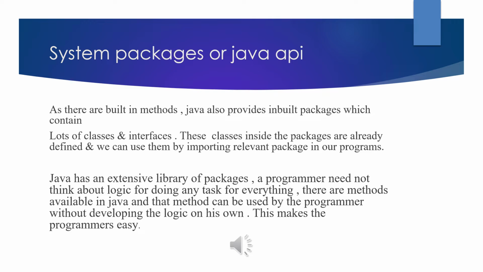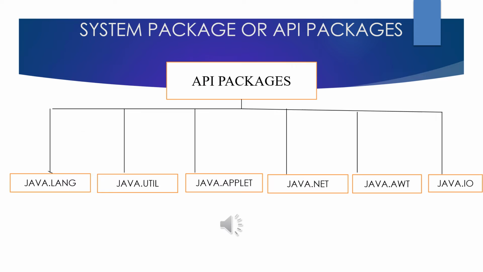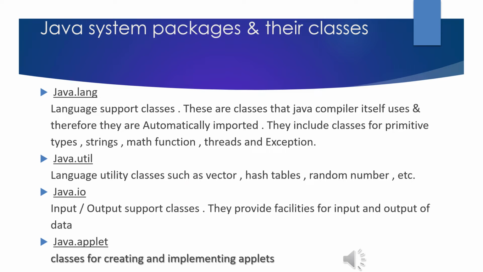System packages are already defined and we can use them by importing the required package. Let me tell you the types of system package or Java API package: java.lang, java.util, java.applet, java.net, java.awt, java.io. java.lang: language support classes.